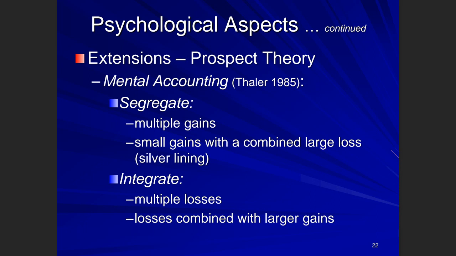So, really, what he did was look at various combinations of gains and losses in terms of how to segregate the gains and losses and how to integrate them. In other words, how to break them up or how to roll them all together. So he had to look at it from that perspective.